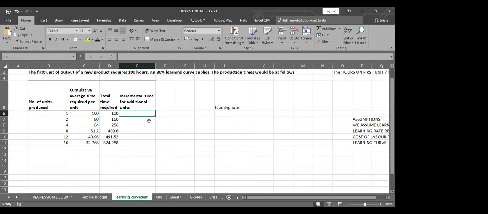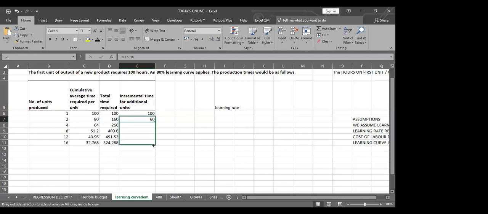Incremental is the difference between previous and today. So here there is no previous, so it is 0. It is 100 minus 0 because the 0 was the previous. So you go on, incremental will be now the current, subtract that, that is incremental.